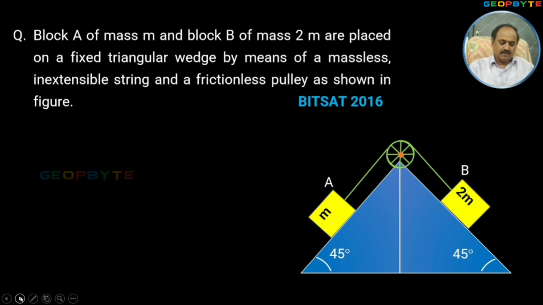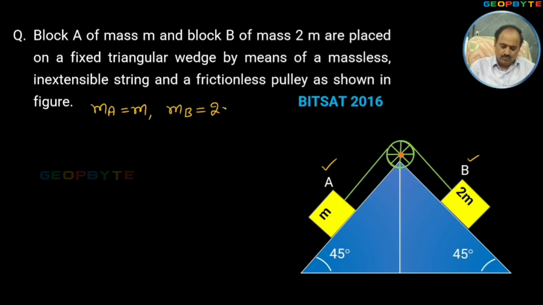Then let us take another important problem. Look at this problem. Block A of mass m and block B of mass 2m. Look at the block A and block B. Here this is block A, block B. Now the mass of block A is given as m, and the mass of block B is given as 2m, placed on a fixed triangular wedge by means of a massless inextensible string.